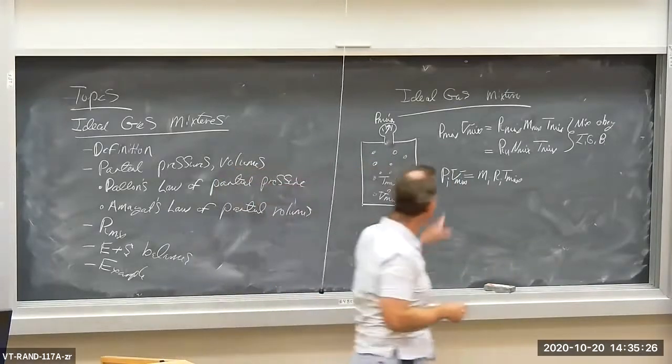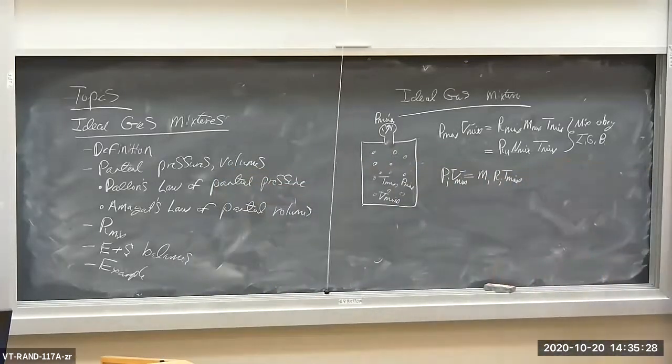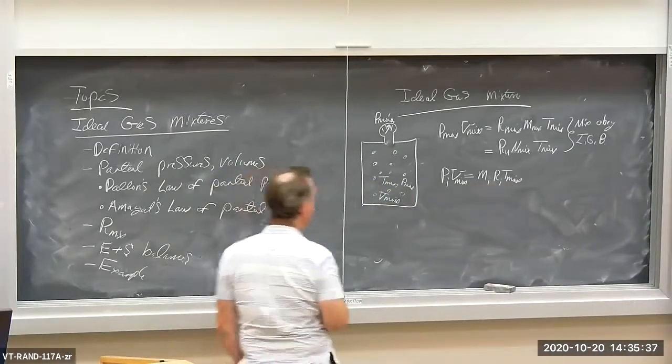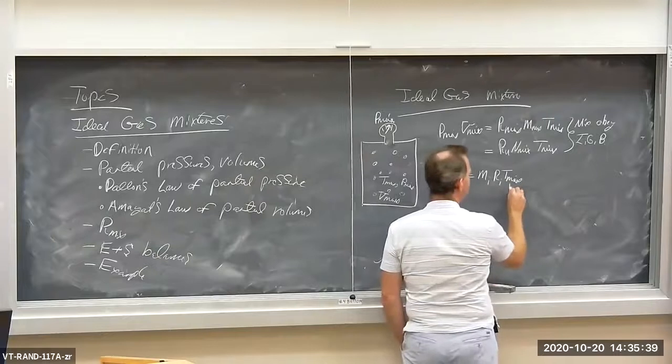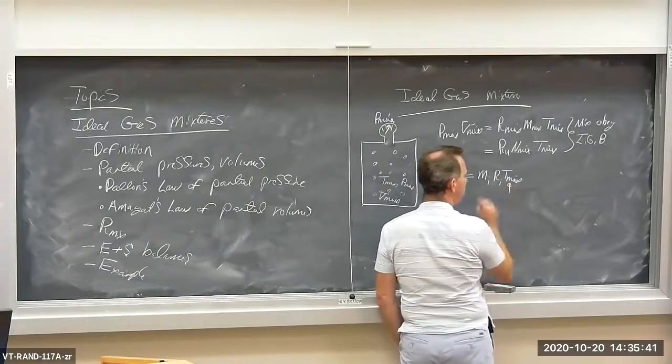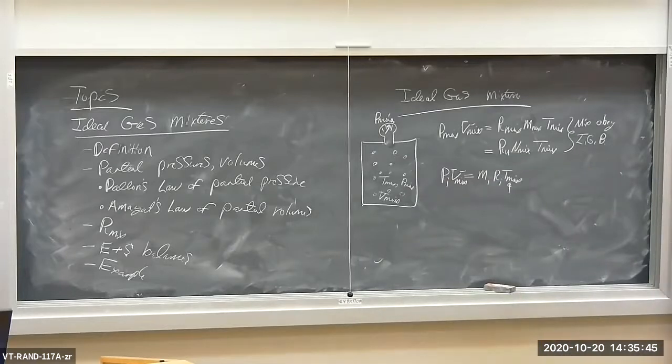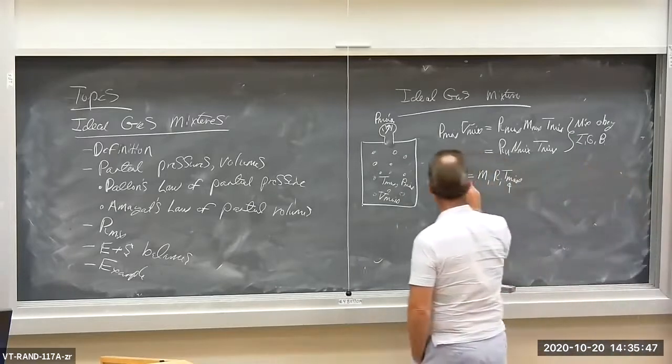The partial pressure or component pressure, P sub i, times the volume of the mixture, is equal to the component mass times the gas constant times the mixture temperature. Why am I not putting the component temperature here, and why am I not putting the component volume there? Why do I have V mix and T mix?